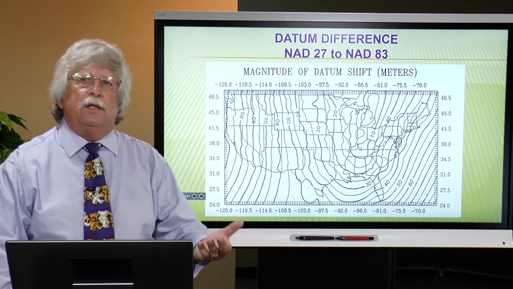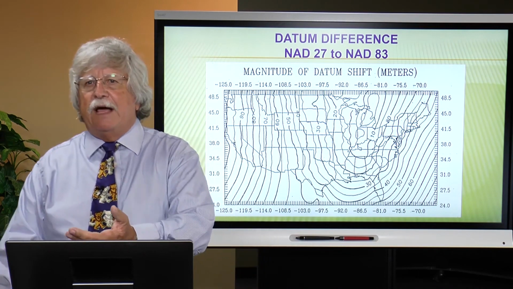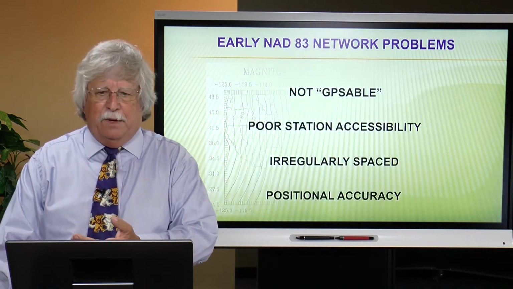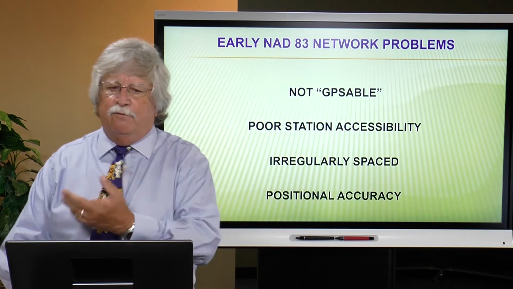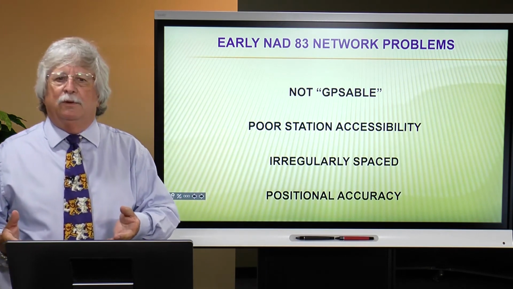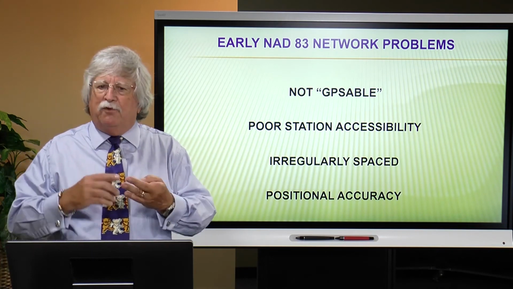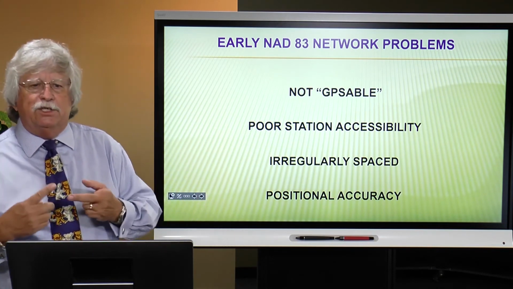NAD-83 is only on the books from 1986, and very shortly thereafter, the development of GPS is so rapid that we very quickly understand, okay, we have some major problems. So we have to go back and resurvey the country. And these problems were identified as these four major issues.